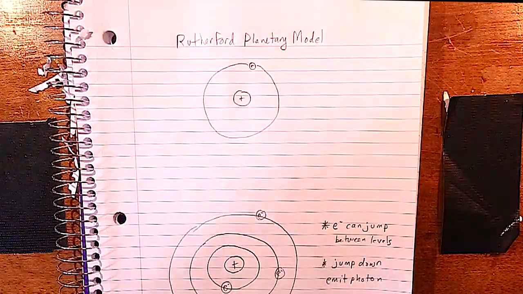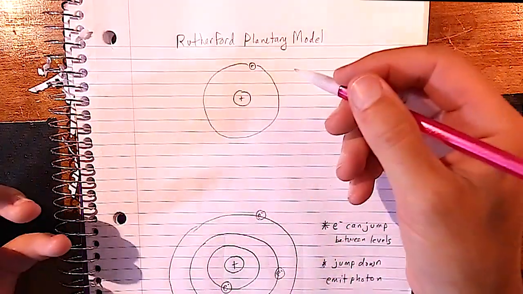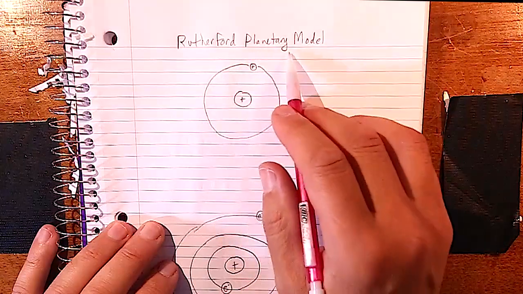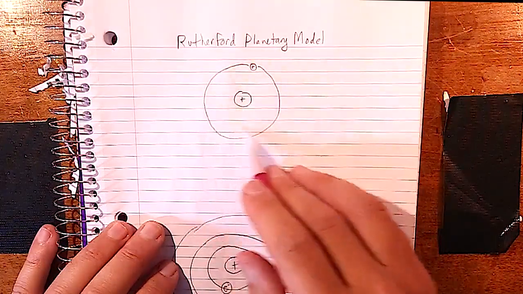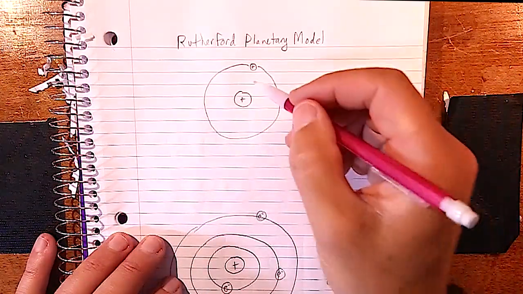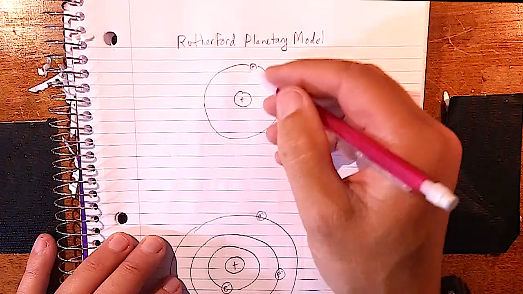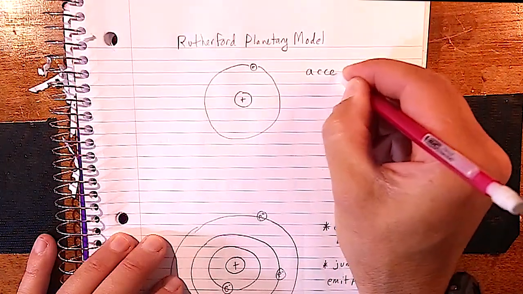So let's bring it back to the models of the atom. We said that Rutherford's was the best model we've gone over so far. It's the planetary model where this is acting like the sun, this is a planet, and it's orbiting. But there's a problem with this, because remember that anything that's in orbit is changing direction. And if it's changing direction, it is accelerating.